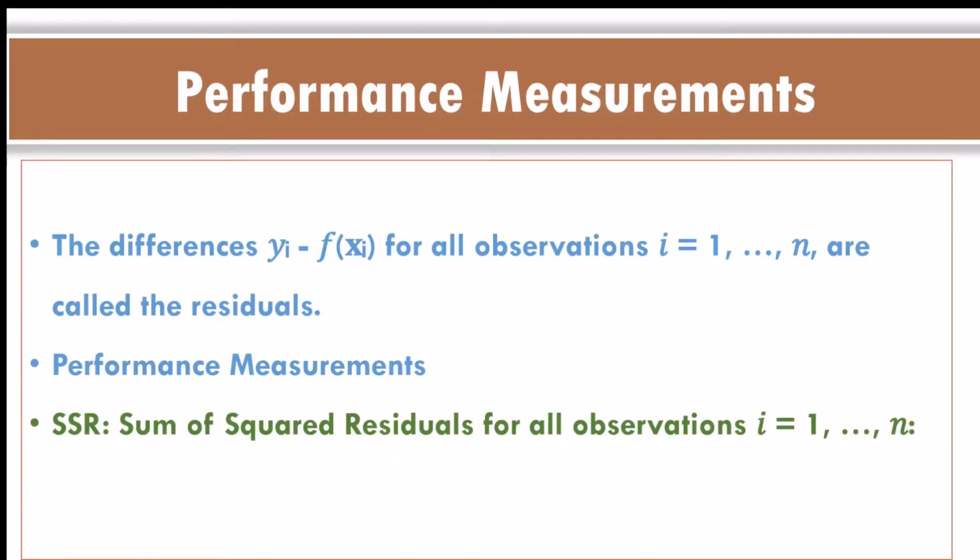So here the value is important, not the direction. The SSR is the sum of squared residuals of all the observations. That is the equation by which we can find out the performance of the model.